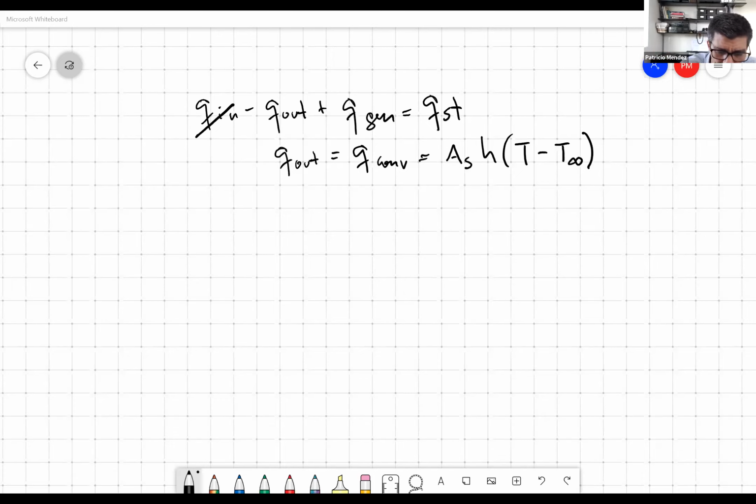Q generated, if you remember, the table was 15.5 watts. I'm not going to get into the causes of this heat generation, but I need to know it. And it's 15.5 watts. Q stored, and this goes back to week 1 of classes, was mass times the specific heat times the rate of temperature increase.